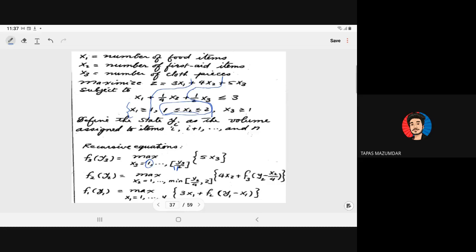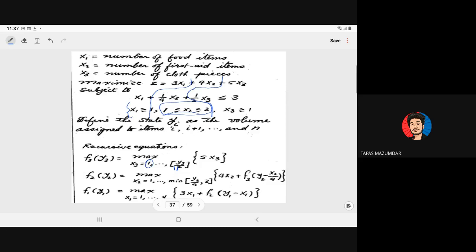It is 4x2 plus F3 of y3, and F3 of y3 can be written as F3 of (y2 minus x2 by 4), because in stage 2 you are accommodating how much space? 1 by 4 into x2.